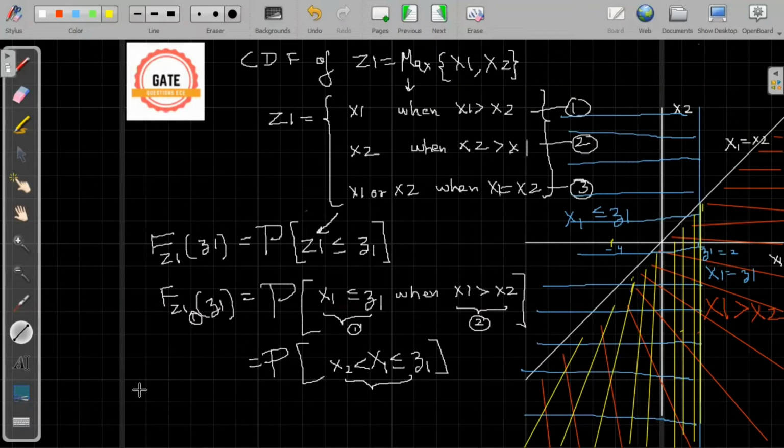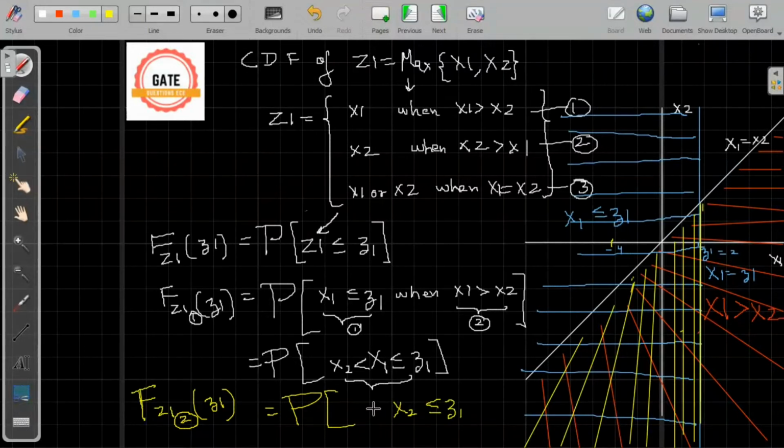Similarly, we can find out that for the second case, I'm going to write it with subscript 2. We can show that it is the probability that x2 is less than or equal to z1 and greater than x1. So we have taken z1 here.